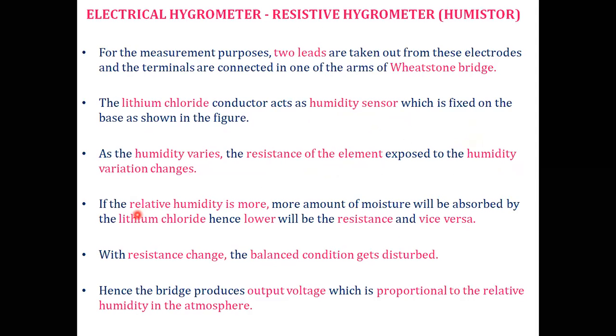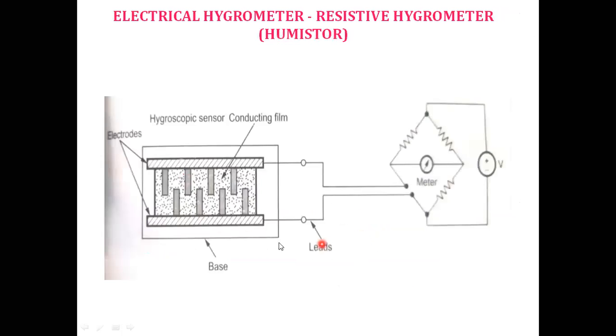Then what happens? If the relative humidity is high, more moisture will be absorbed by the lithium chloride, hence lower will be the resistance here. If maximum humidity is flowing across here, అది అబ్జర్వ్ చేసుకుంది అనుకుంటున్నాము, then I will get a low amount of resistance.